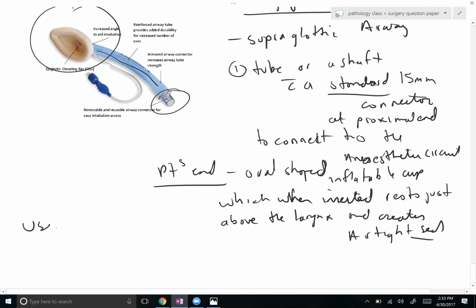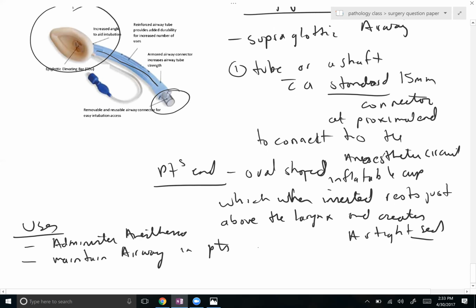Now the uses of this: first and foremost, to administer anesthesia. Next, it can be used to maintain airway in patients with difficult airway, that means where endotracheal intubation is not possible.